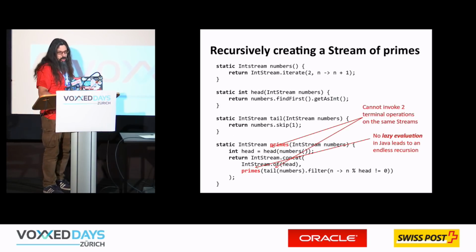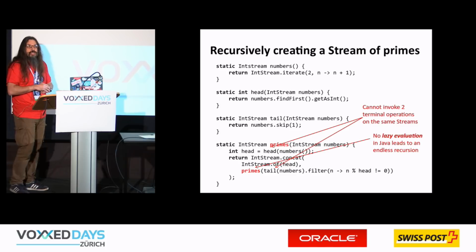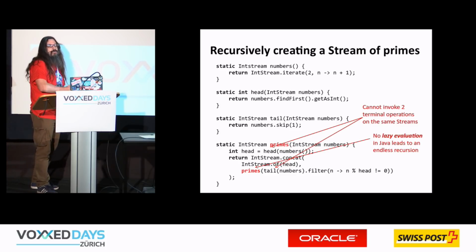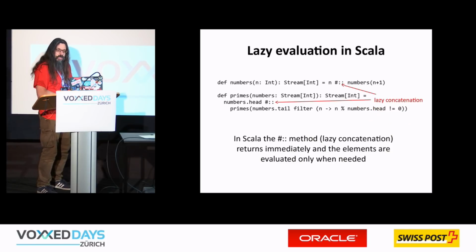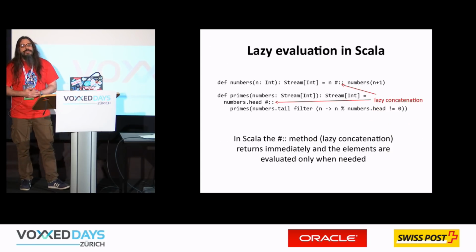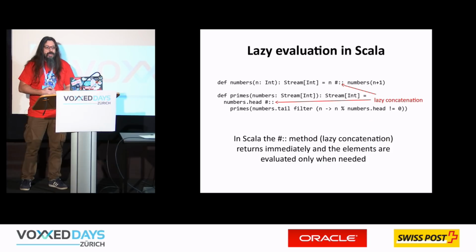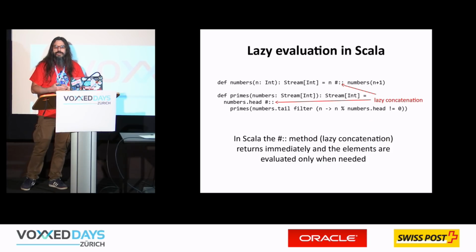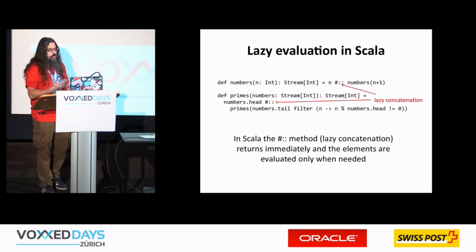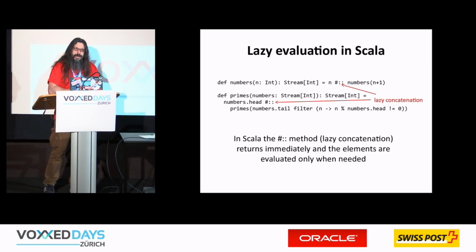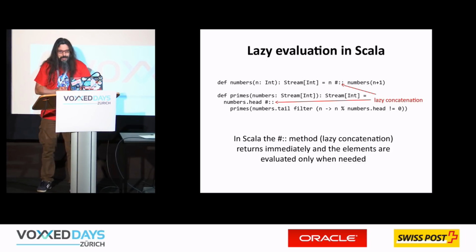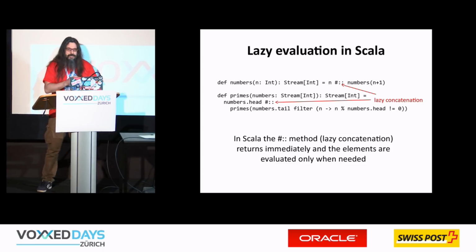And this is not because my original idea was wrong. It's just because this is how Java works. Meaning that if I try to implement exactly the same idea in Scala, it works. Okay, because Scala has this fancy concatenation operator, this dash colon colon, which does what I was saying before.